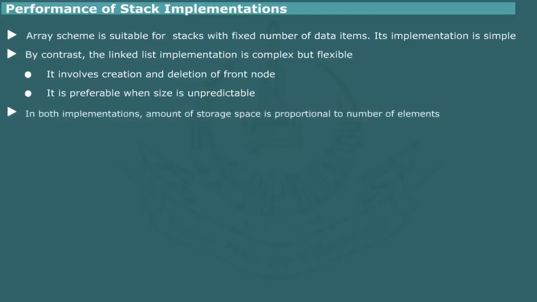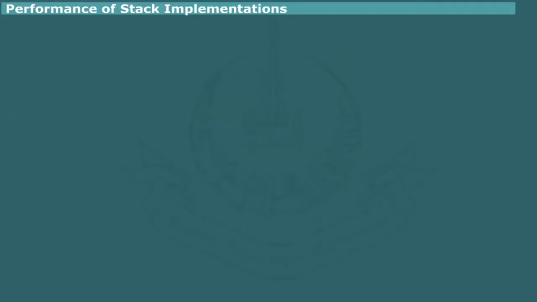In both implementations, the amount of storage space is directly proportional to the number of elements in the stack. Thus, in big O notation, the space efficiency of either implementation is O of n, where n represents total number of elements in the stack. Let us examine the time efficiency of the two implementations.